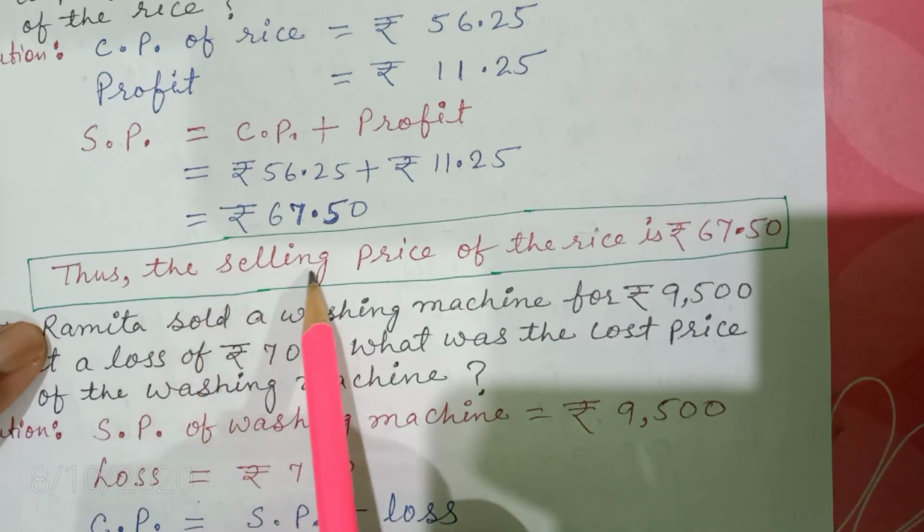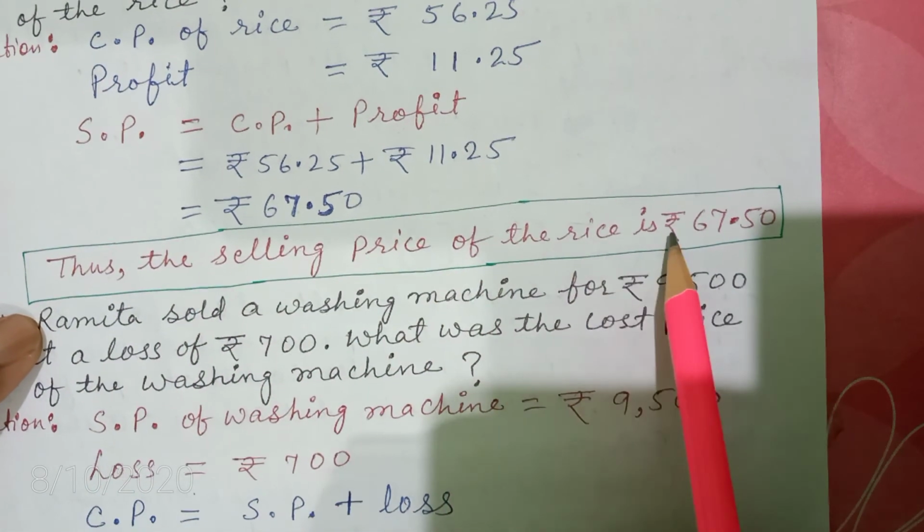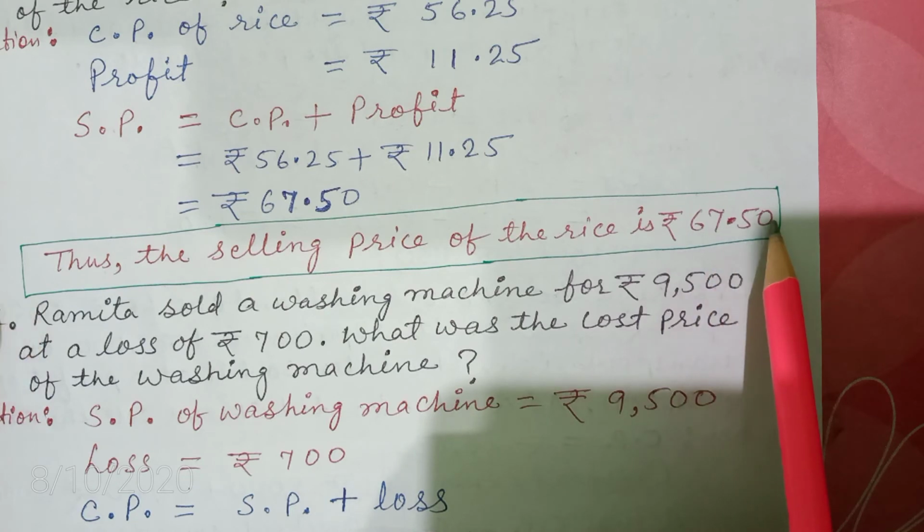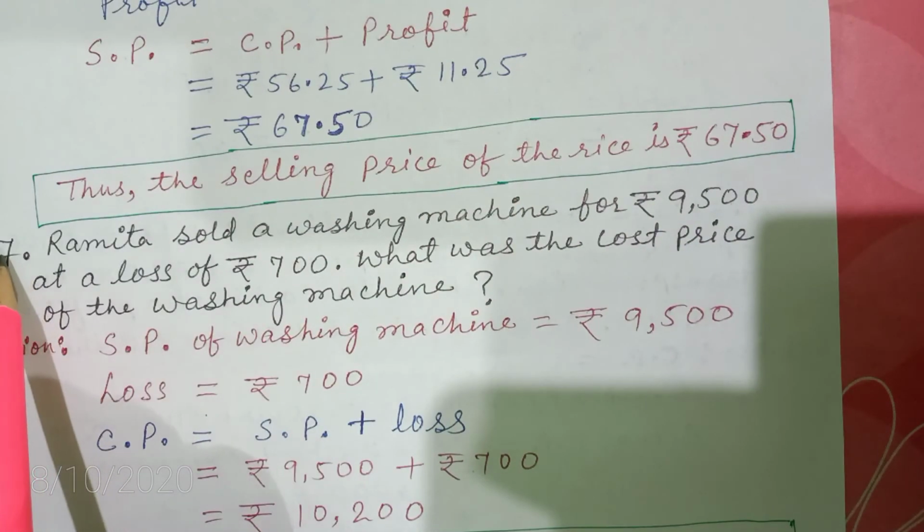Thus the selling price of the rice is rupees 67.50. Now move towards question number 7.